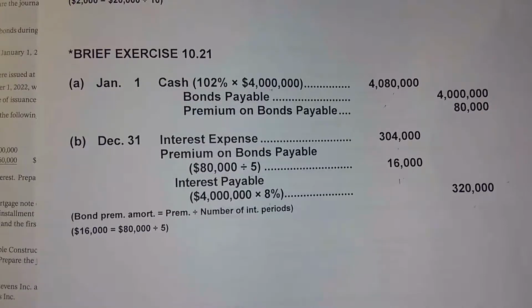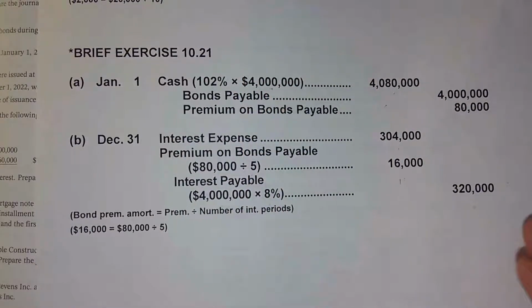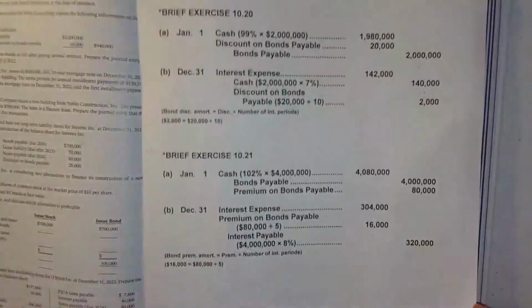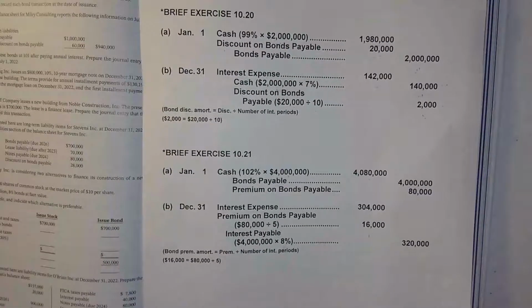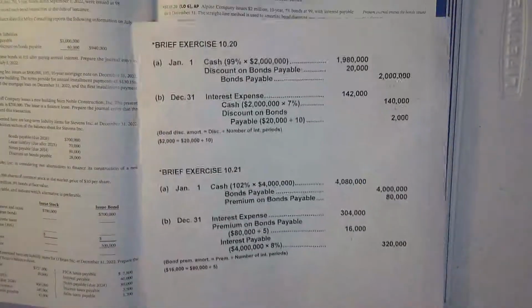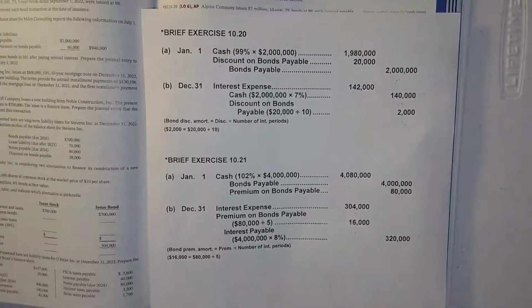So again, the premium is really the complete opposite of the discount. I'll zoom this out a little bit so I could show you both right next to each other. The first one we did, again, was what we called a discount.